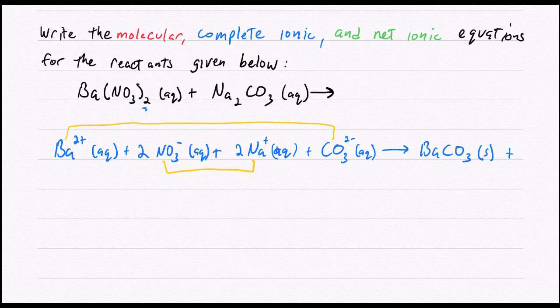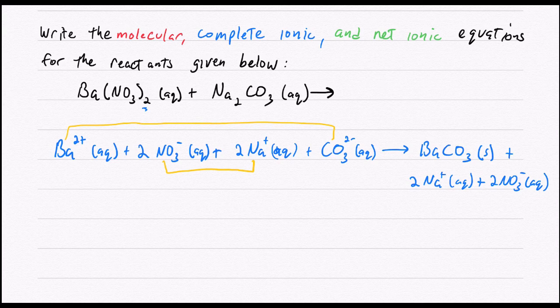And then the other result, the sodium and the nitrate, if we look at our solubility rules, we see that both sodium compounds, or any compounds that contain nitrates, are always soluble. So that means they will not form precipitate, and so we're still going to have 2 sodium ions, aqueous there, and 2 nitrate ions, also aqueous, there as well.